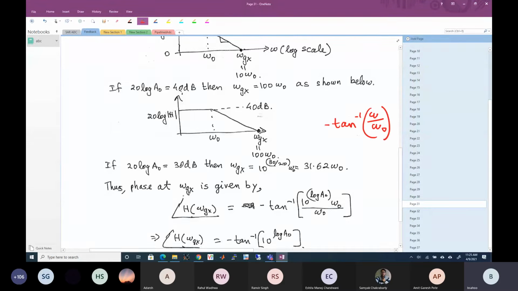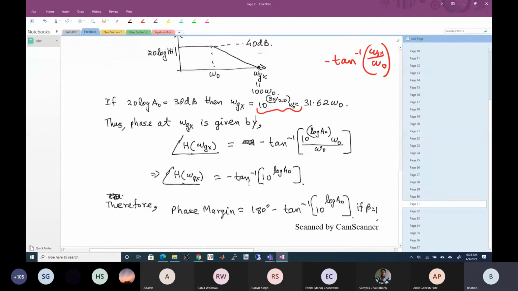You substitute omega GX here, and this omega GX is nothing but this, and therefore you get tan inverse of 10 to the power of log of A naught. Therefore phase margin is given by this, which is the definition of phase margin. Okay, is this step clear to all of you?